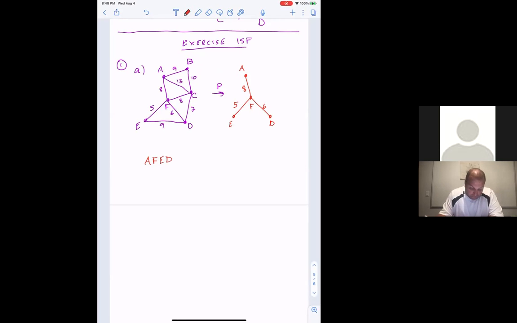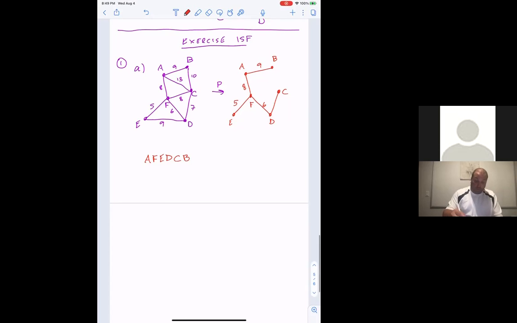Then I look for the minimum weight now, and I have a 7 from D to C. C is next. Then I notice that the only point missing is B, and I can connect to B from A. So my order is A, F, E, D, C, B. That will be the order in which they were selected.